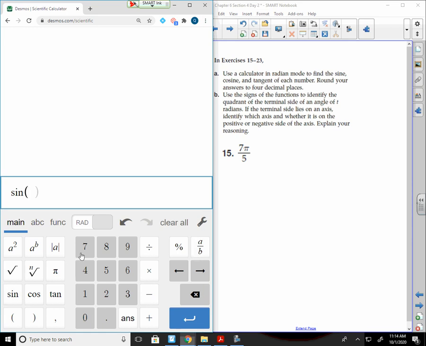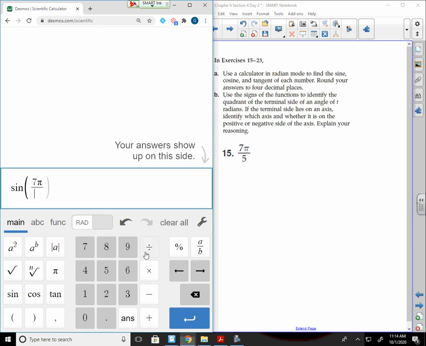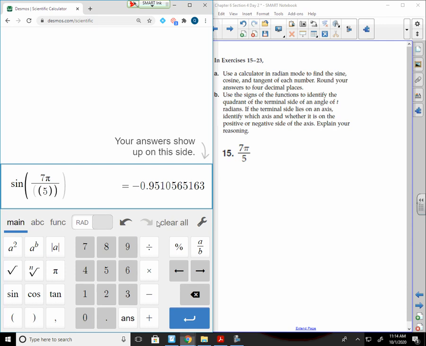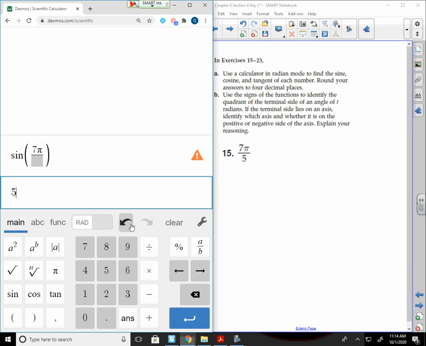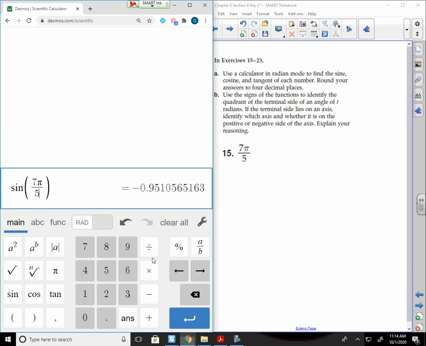So sine of 7 pi over 5. Gives me negative 0.95.